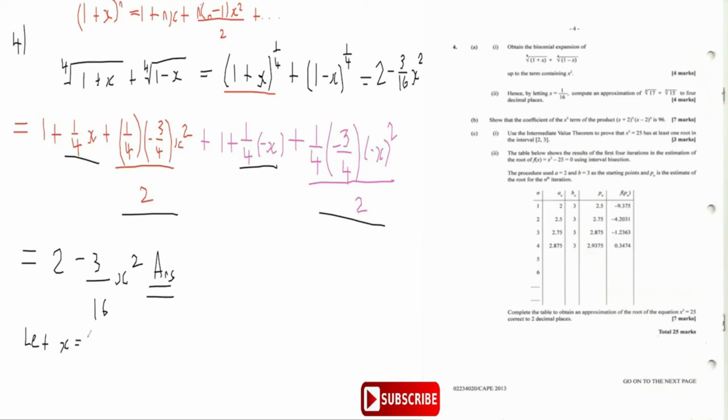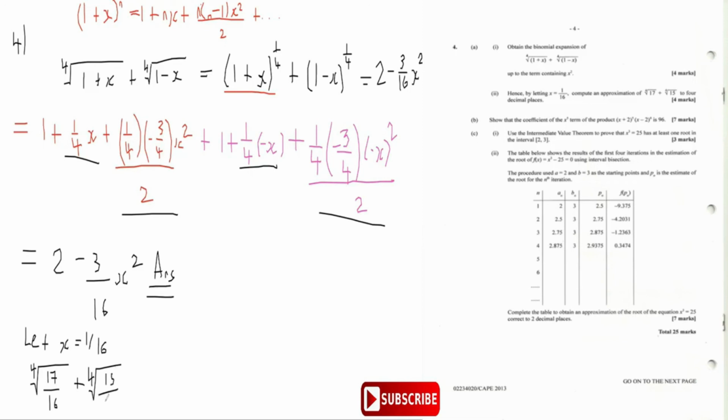If x is equal to 1 over 16, then on the left-hand side we're going to be finding the square root of 1 plus 1 over 16, which is 17 over 16, plus the square root of 1 minus 1 over 16, which is 15 over 16.